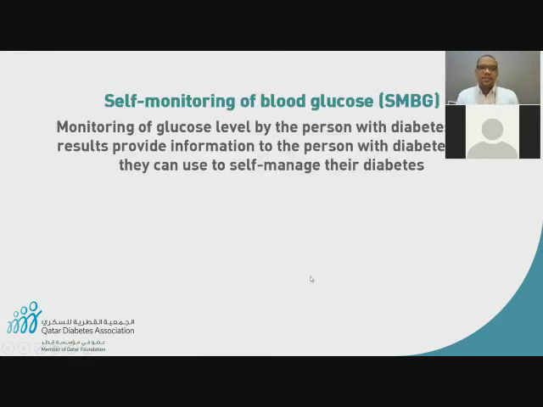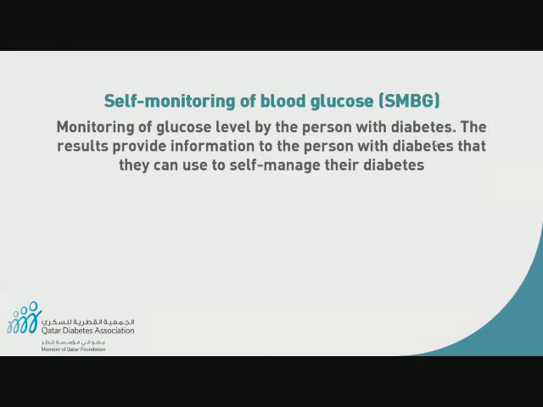Let's first define a very important term, which is the self-monitoring of blood glucose, or known shortly as SMBG. This is the process of checking the blood glucose, monitoring, documenting, and organizing all those results by the person living with diabetes.